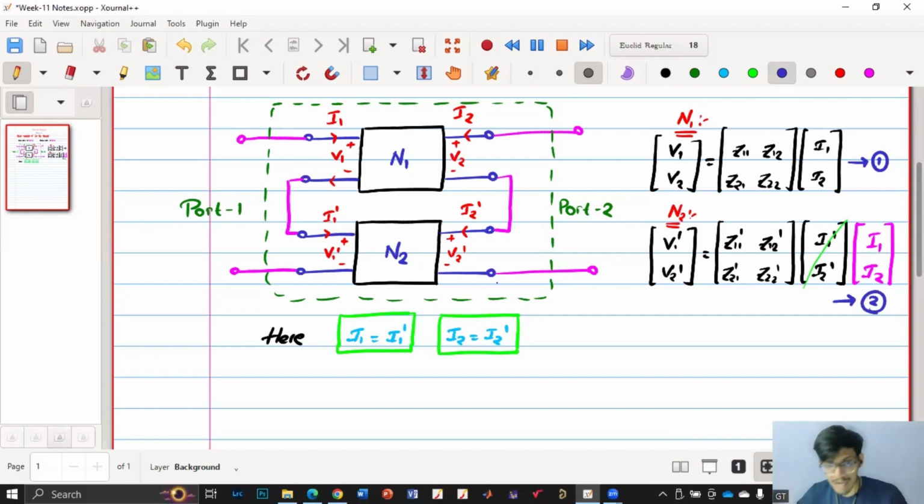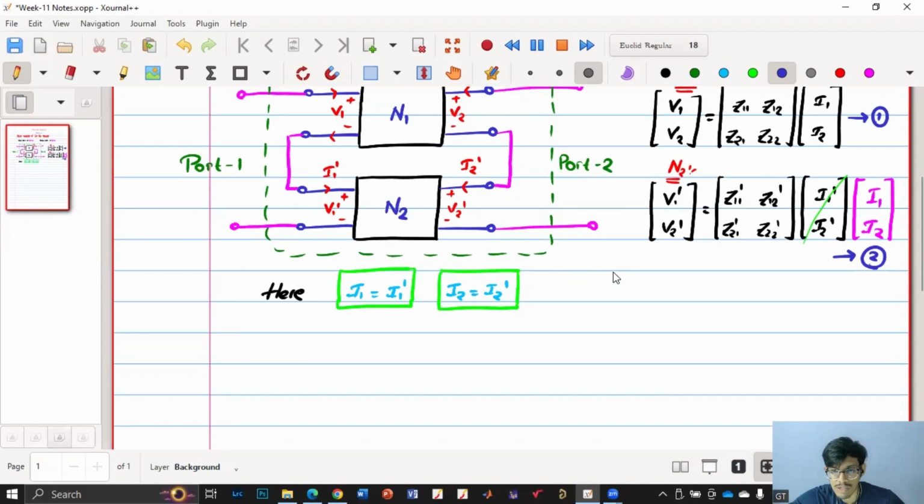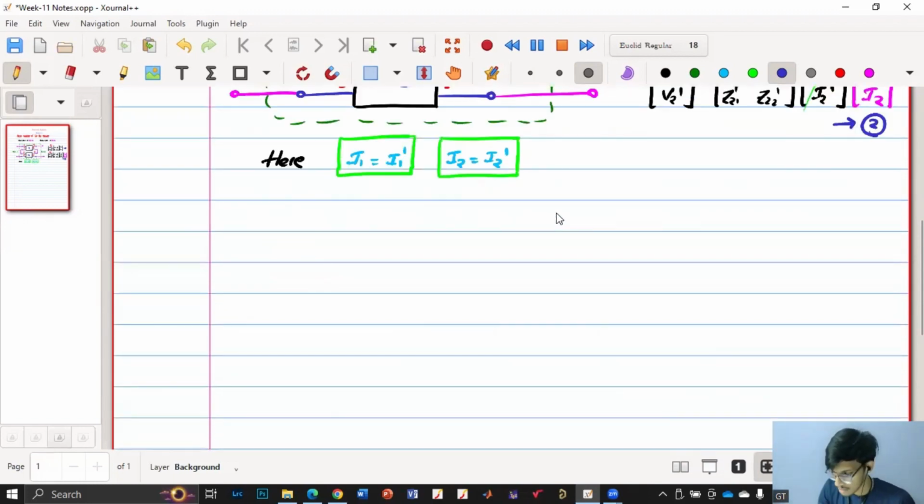Now I'll add both equation one as well as equation two. And kindly note, on the RHS side, both are having I1 and I2. So we can take these common and we can directly add these matrices. So now equation 1 plus 2 gives something like this.